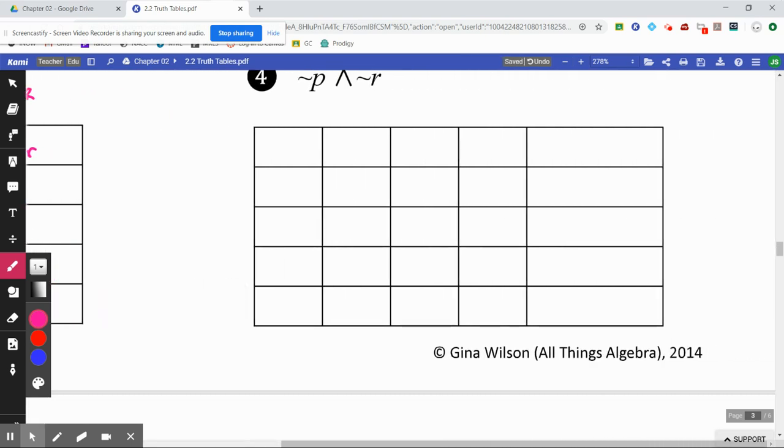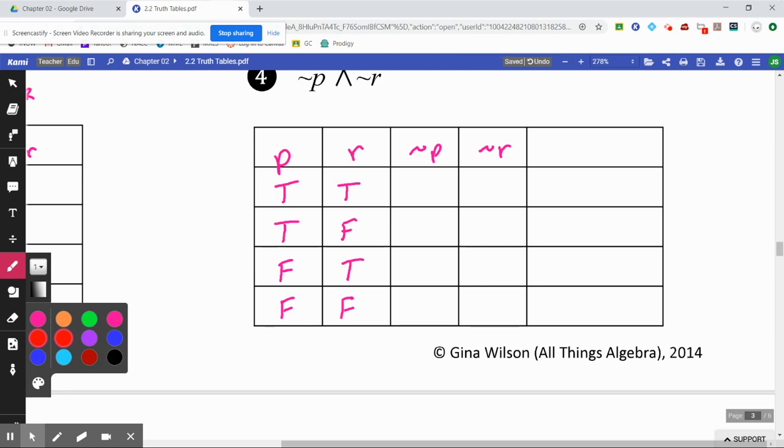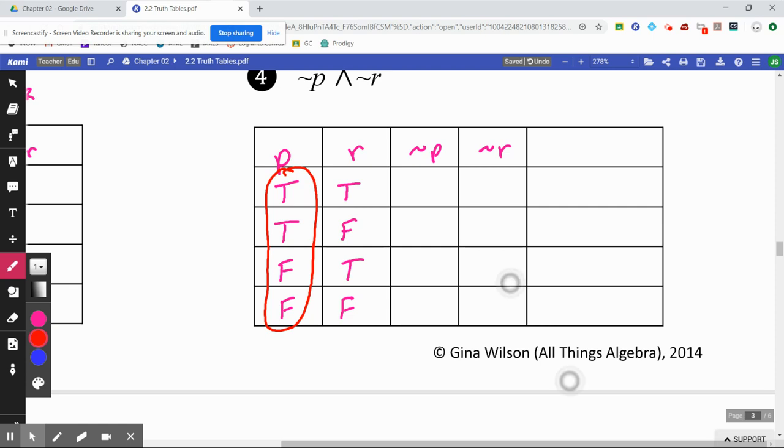Not P and not R. Okay, here's P and R. True, true, true, false, false, true, false, and false. We've got to do each negation, so we have to do not P and not R. I'll do those in a different color here. Not P would be the opposite of P. So if P is true, not P is false.